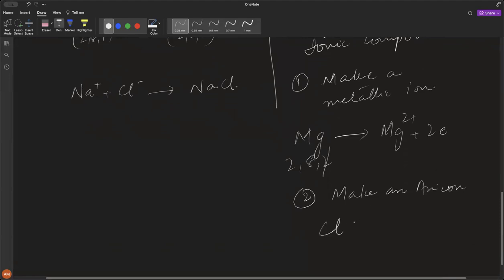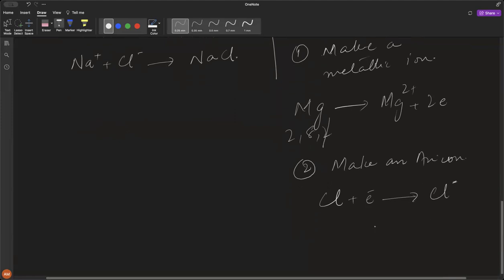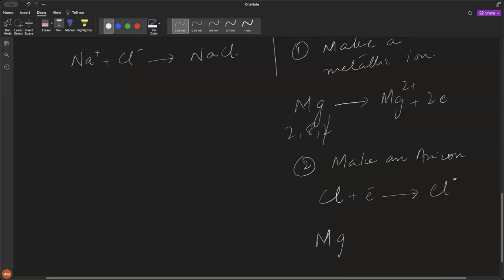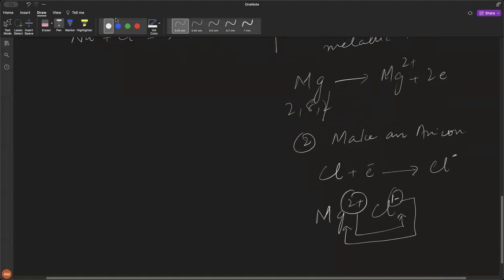So chlorine gains an electron and becomes Cl negative. So this is Mg2 plus and this is Cl negative, one negative. We are going to make this superscript the subscript of this, and this superscript the subscript of this. Do you understand this?